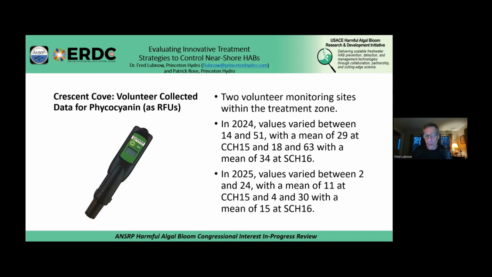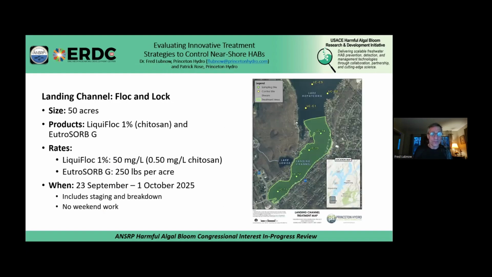In 2024, before this oxidizing treatment occurred, their mean values were between 29 and 34. And then if you look at 2025, after that spring treatment of the oxidizer, the mean values were 11 and 15. So again, additional data showing that conditions improved in Crescent Cove.